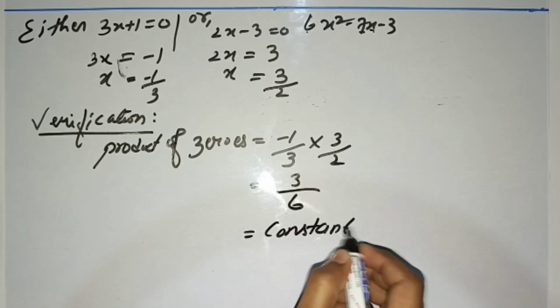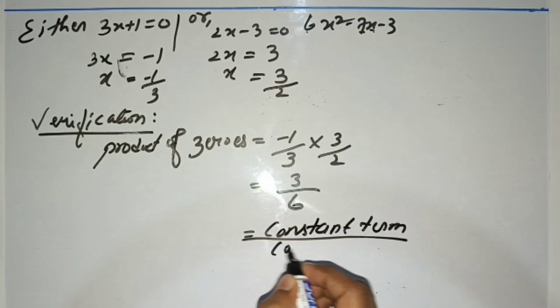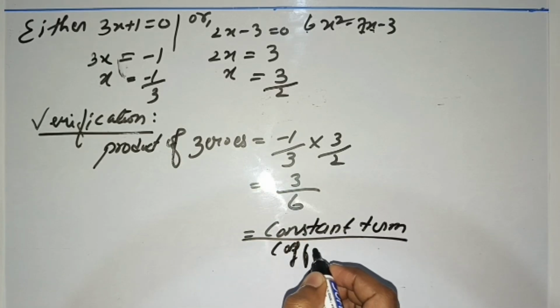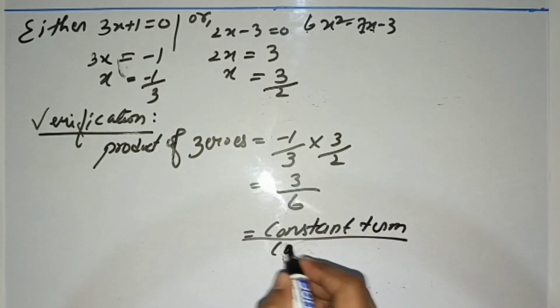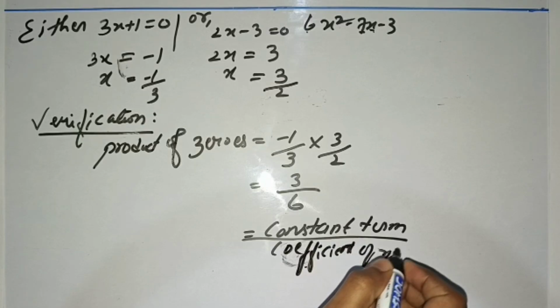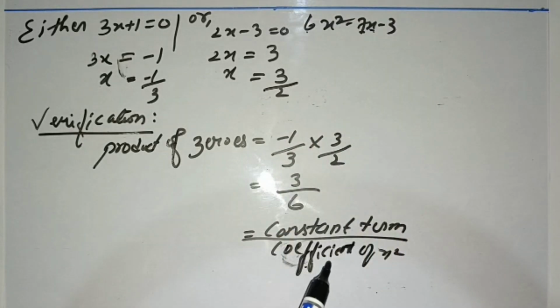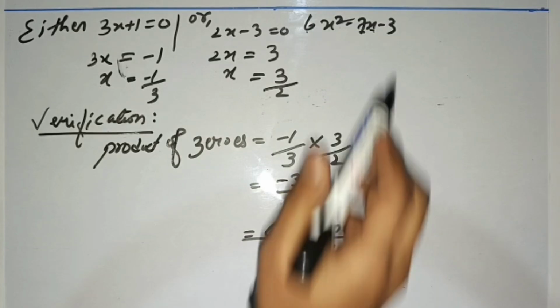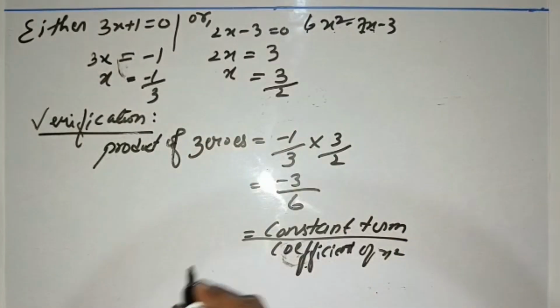The product of zeros formula is constant term by coefficient of x square. The constant term is minus 3. Coefficient of x square is 6. So hence verified.